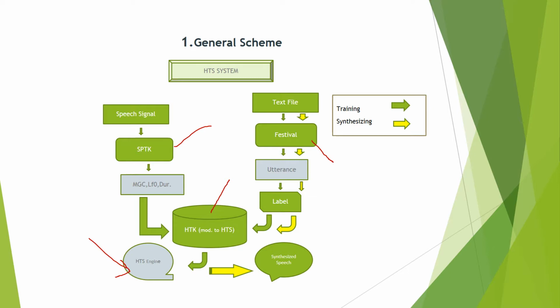Once we have the required phonemes, we go to another piece of software called HTS Engine, which consists of two sound sources. One of these sound sources is used to produce the voiced sounds, which are those sounds that come from vowels like A, E, U, O, etc. And the other sound source is used to produce the unvoiced sounds, which are the sounds produced when we pass air through the vocal tract.